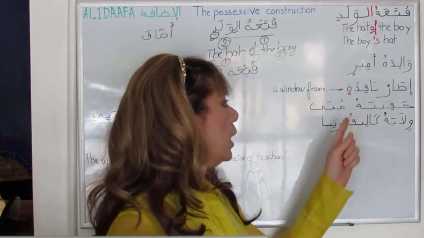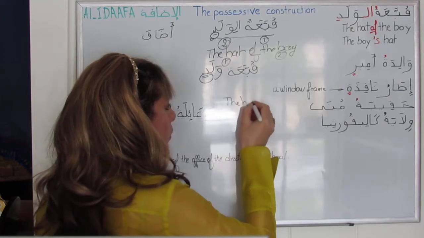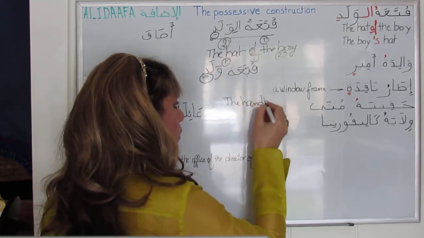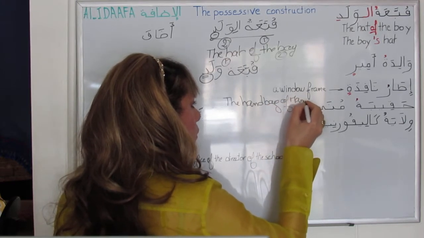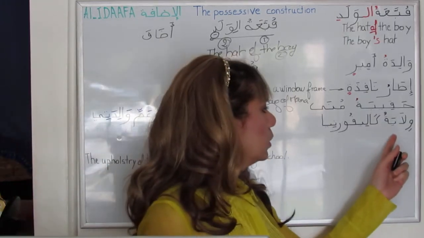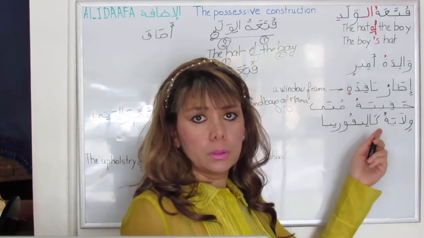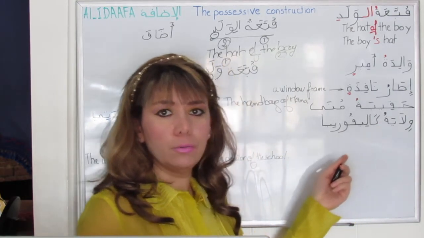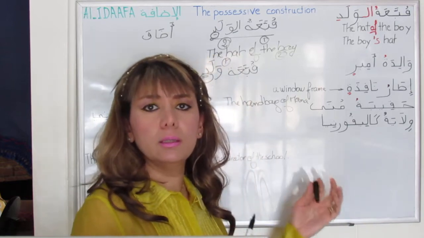So it's the handbag of Muna. Here, ولاية California also, we didn't add the definite article to California because there is just one California, so it's already definite.